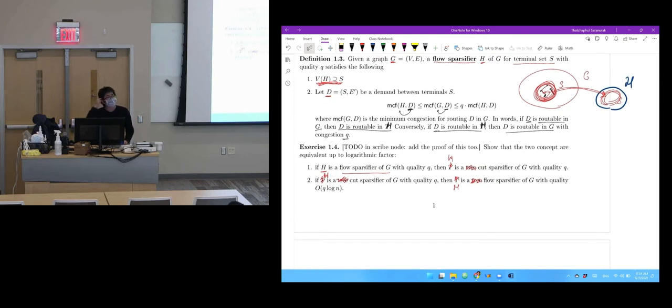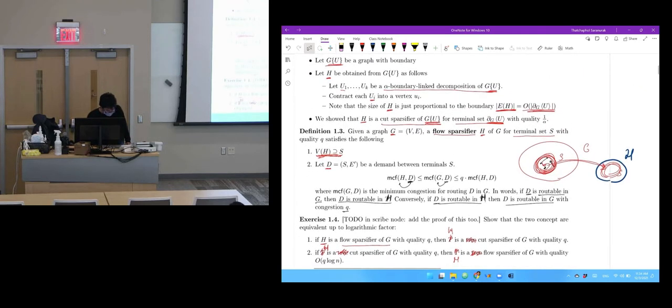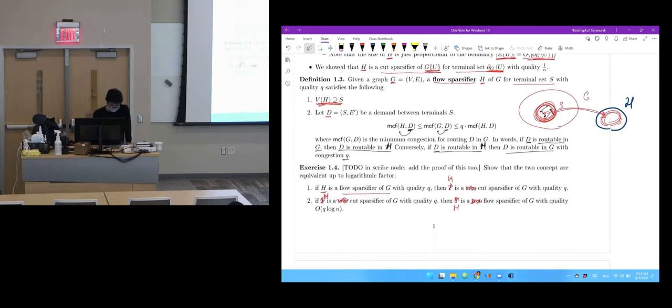Flow embedding implies cut embedding. Cut embedding implies flow embedding with congestion log n.